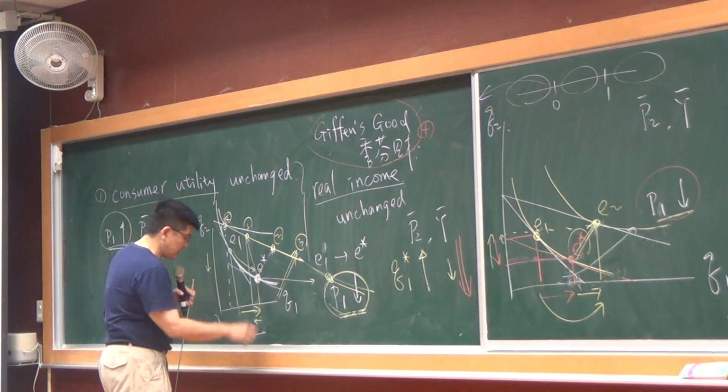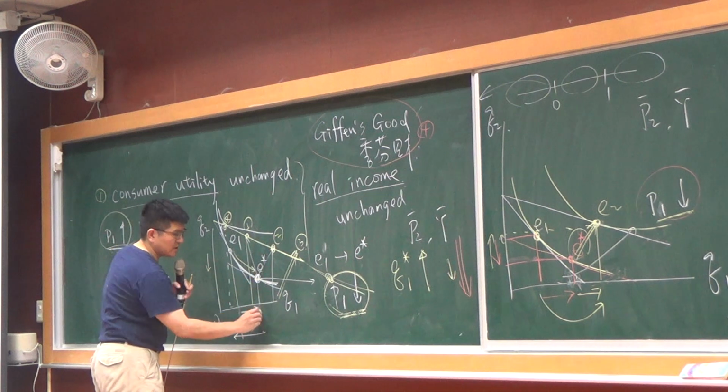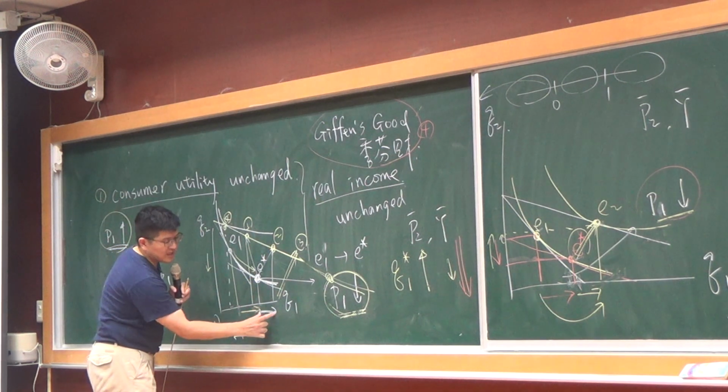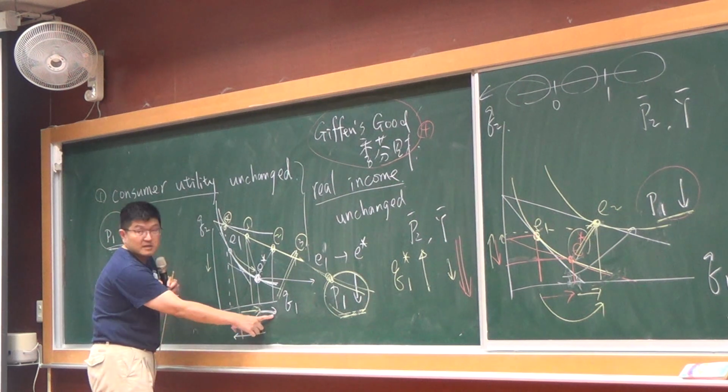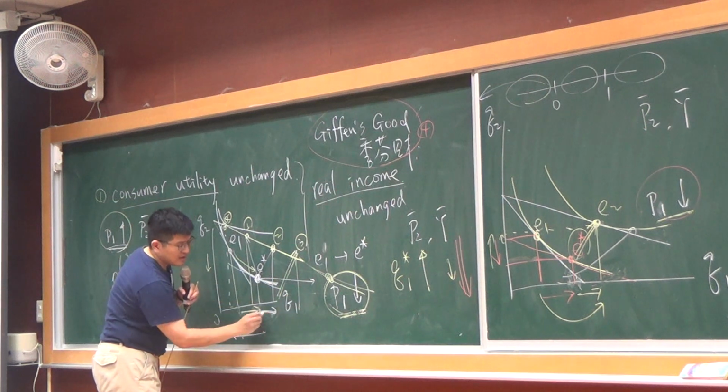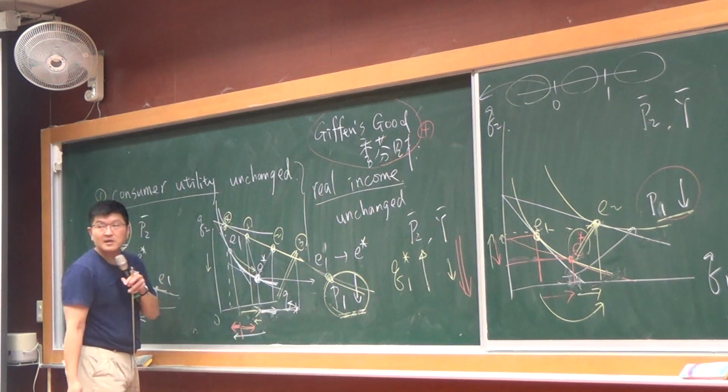And in this case, when Q1 is a normal good, substitution effect plus income effect, we have a higher price effect. And case number 3, an even higher price effect.